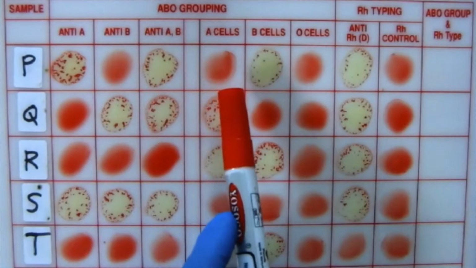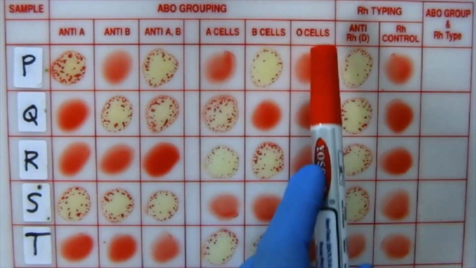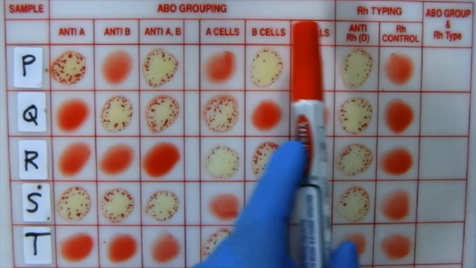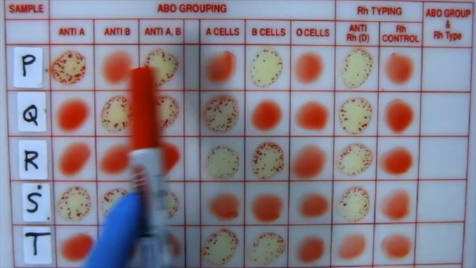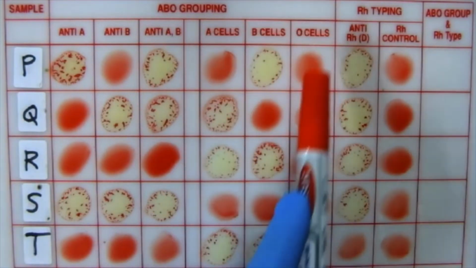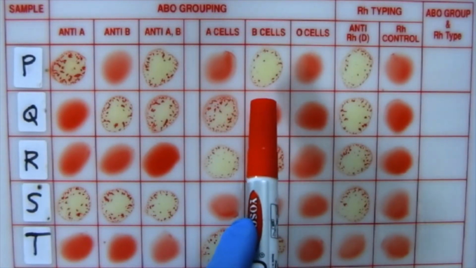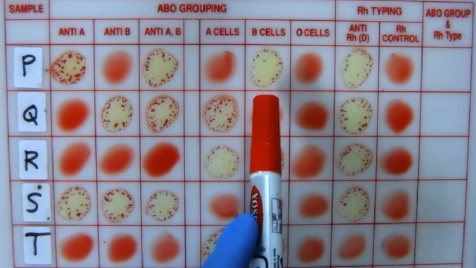Then, to confirm, we will proceed to the indirect grouping section. Patient group A will have anti-B in their serum. Now, it's confirmed here whereby the serum is reacting to the B cell.